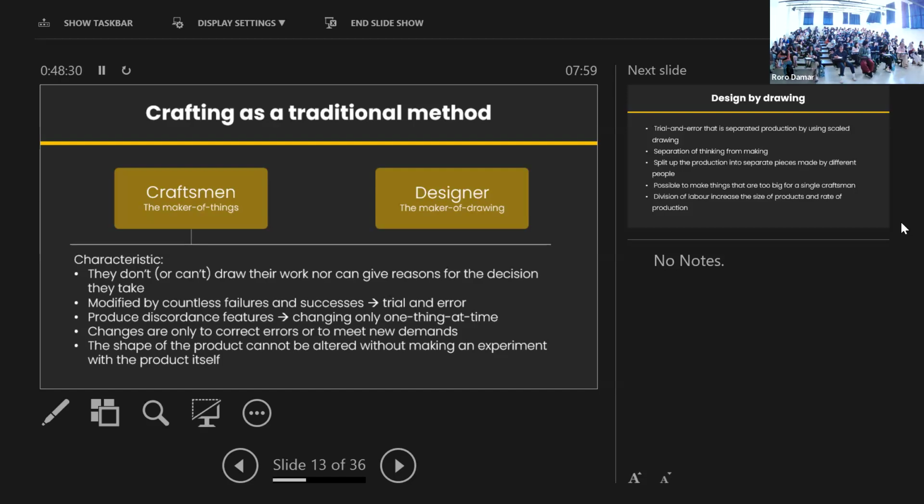Okay, so you say because the designer has to see in a holistic way, like the whole part, not only a small part. Okay, okay, good.